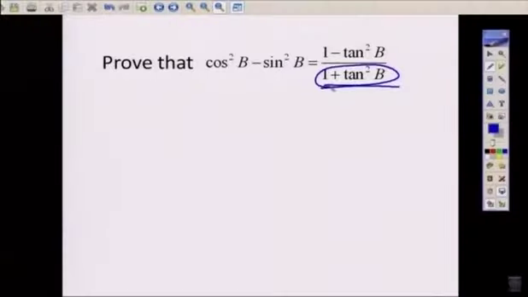And the first thing I notice is 1 plus tangent squared b. That's a Pythagorean identity. So I'm going to take the top there. I'm going to leave this one for a minute. 1 minus tangent squared b. Well, 1 plus tangent squared b is secant squared.